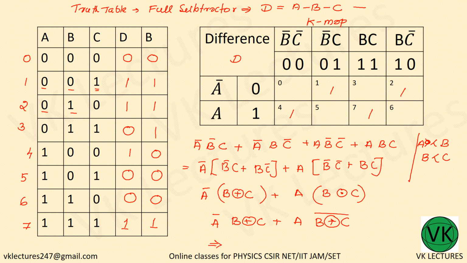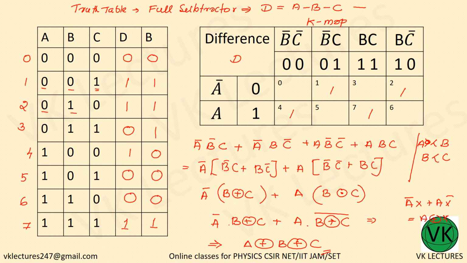Together we can write it as A XOR B XOR C, because consider this as A bar X plus A X bar, which is equal to A XOR X.